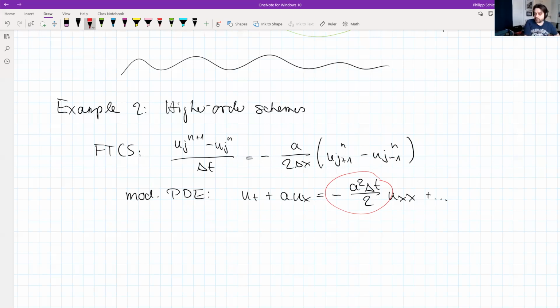Of course, that together with a minus gives a negative number. So the numerical viscosity is clearly lower than 0. And that's what we derived last time in conjunction with the CFL condition. So this is unconditionally unstable.